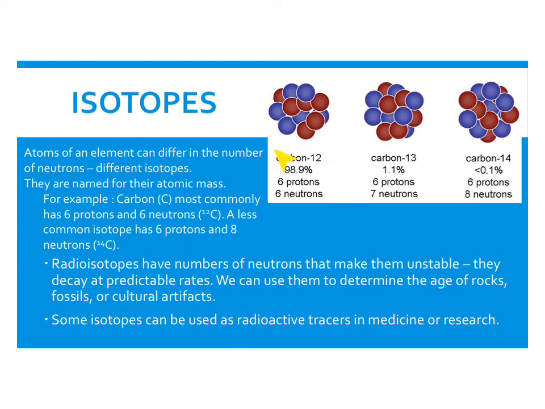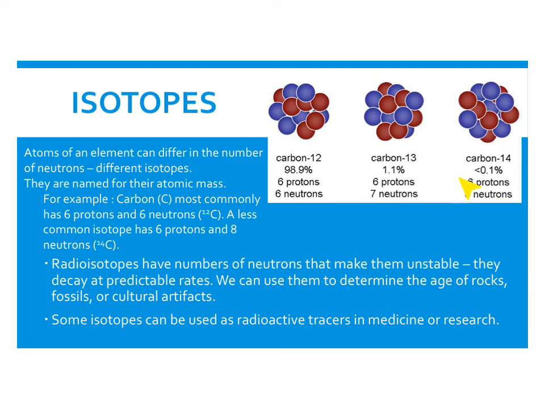We call this carbon-12. It makes up 98.9% of the carbon we find in nature. A less common isotope has 8 neutrons. We call this one carbon-14 because it has an atomic mass of 14, even though it still is carbon. It has 6 protons, so that makes it carbon. It's present in only 0.1% of the carbon in nature.